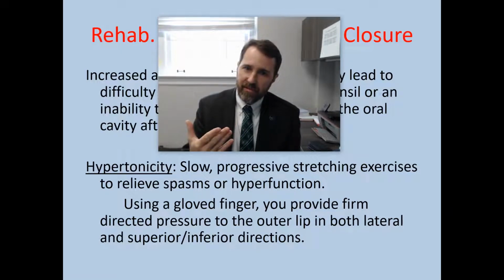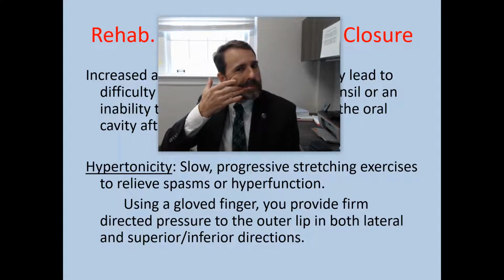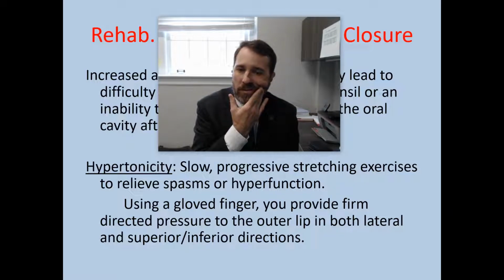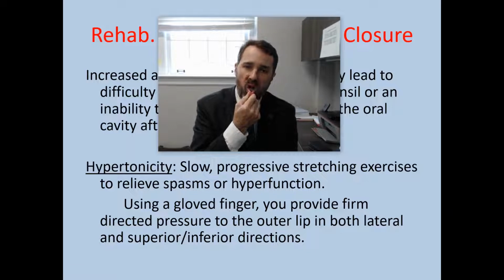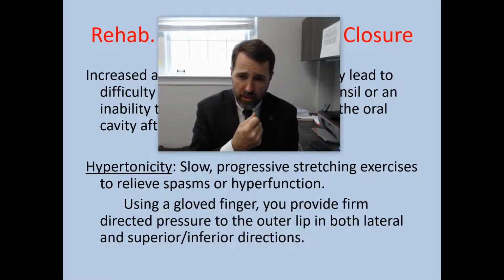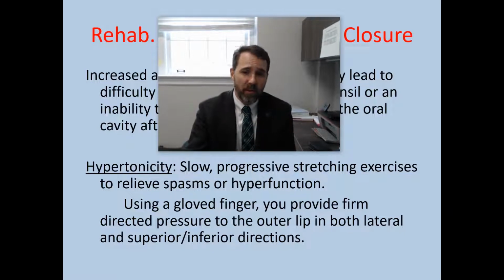You'll have a gloved hand. You're probably going to work on pulling the lips back, retracting the lips, having your gloved hand pulling the lips out, and maybe just doing a slow range of motion stretch. You want to work on lateralizing the lips, going superior and inferior with them.